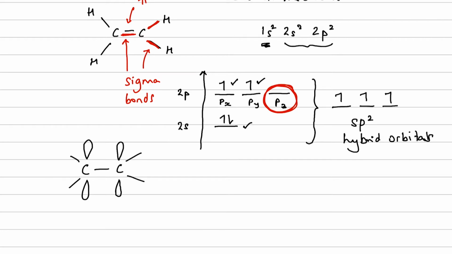And each carbon has got 1 electron, so it's going to put in between them a pair of electrons, and that pair of electrons is going to exist in an area of electron density that sits above and below the carbon-hydrogen skeleton. Now, the electrons in this pi bond, firstly, pi bonds are much weaker than sigma bonds, and these electrons can be used to attack electrophiles and to make new bonds, and that is how alkenes are able to react.